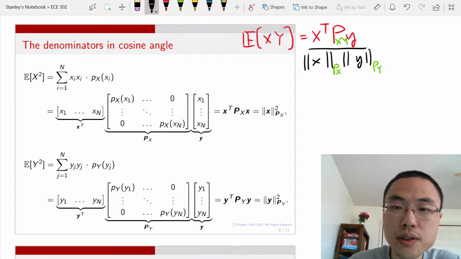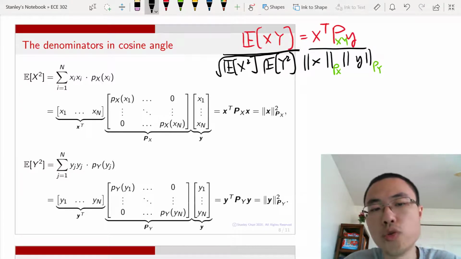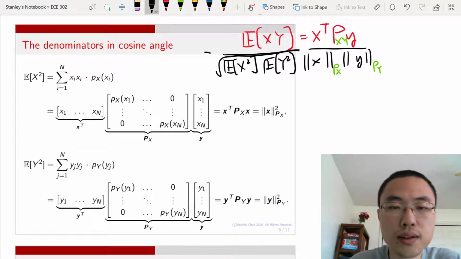And this is the numerator, and so the denominator has to be something like this. It turns out that this is just the expectation of x squared, and here it would be the expectation of y squared. When we take the square root, you will be able to get this thing called the cosine angle.